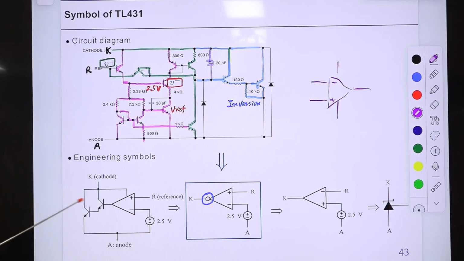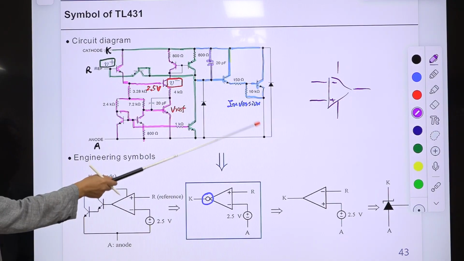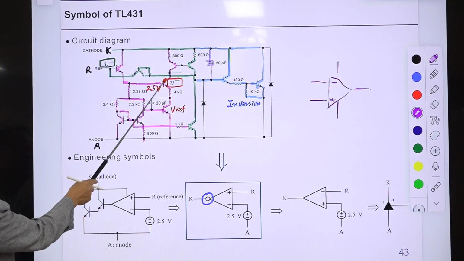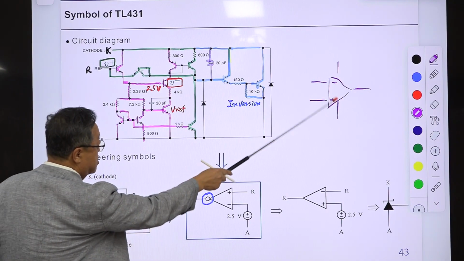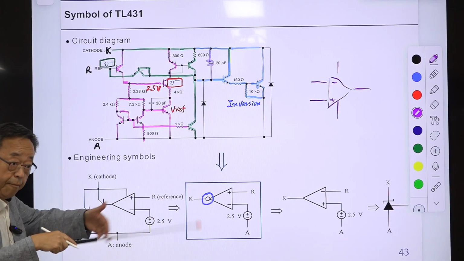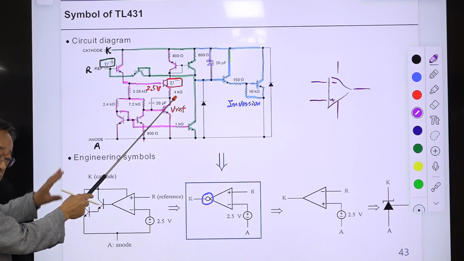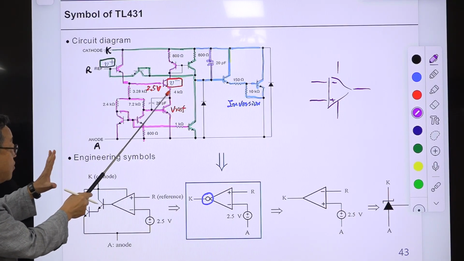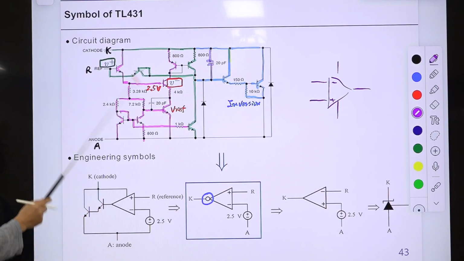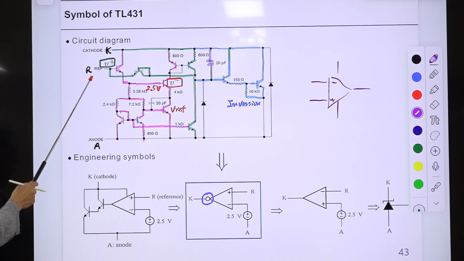This is the conventional operational amplifier notation, but later on we will swap the polarity of this. This is built in, so you cannot access it, and you can only access this terminal.